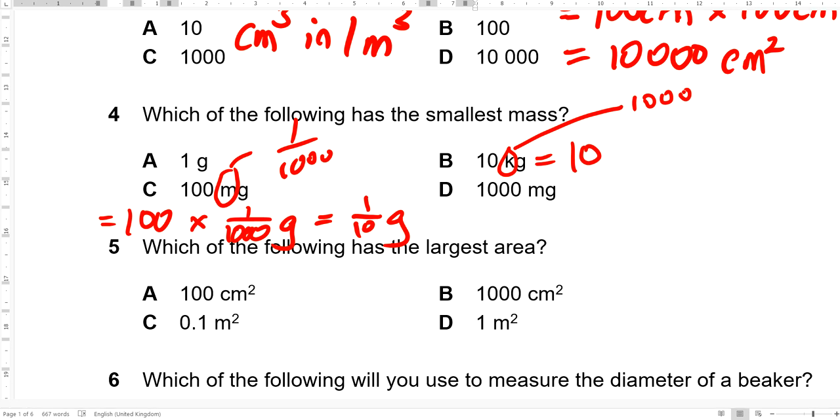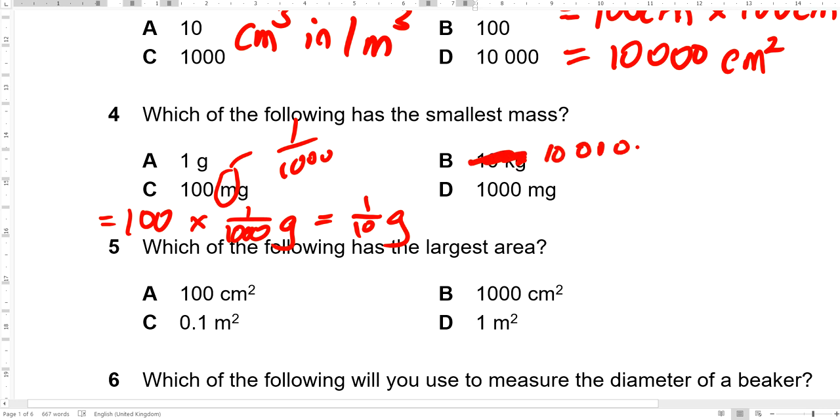Oh, you mean your notes are different? Oh, it's milligram again. Okay, looks like my slides, my options are different. So let me change this to your question. So you got 10,000 milligrams. Okay, so again, thank you. So no change to the approach, milligram. We're going to change this to grams.